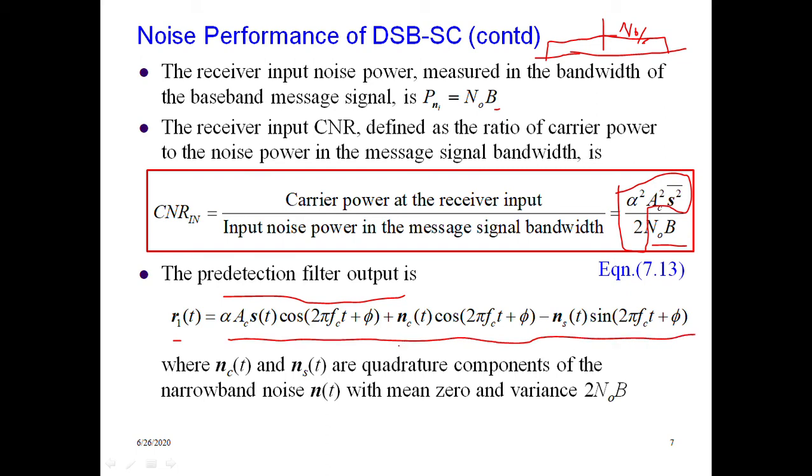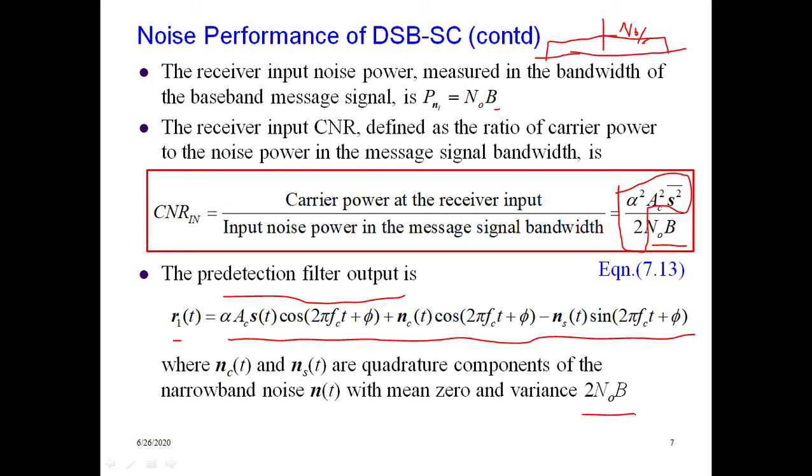The noise will occur at 2 points. This is DSB, so it will occur at NCT cos 2 pi FCT, and also the minus side, just now is plus and minus, and NST sine 2 pi FCT. So at this point we will have two noise, and this has to affect the noise power.